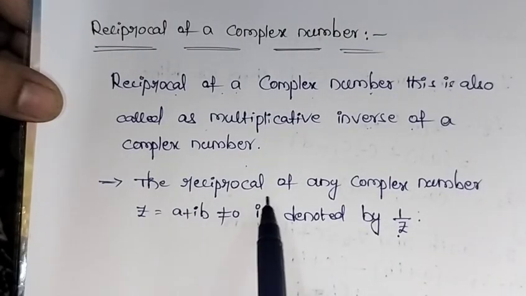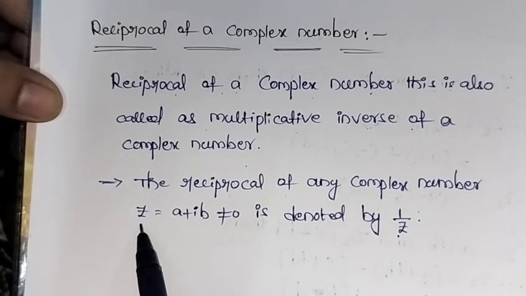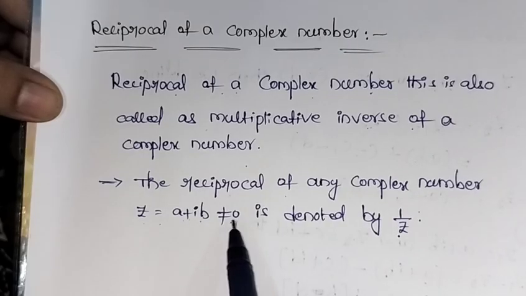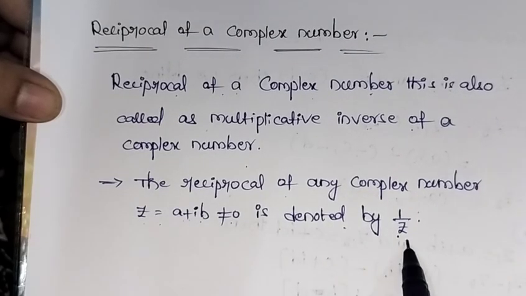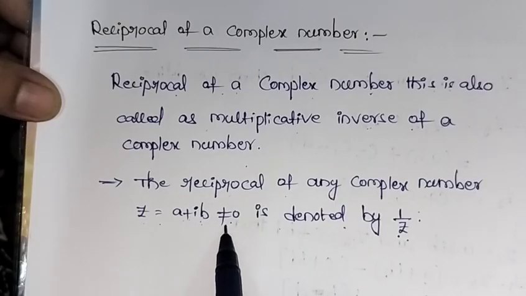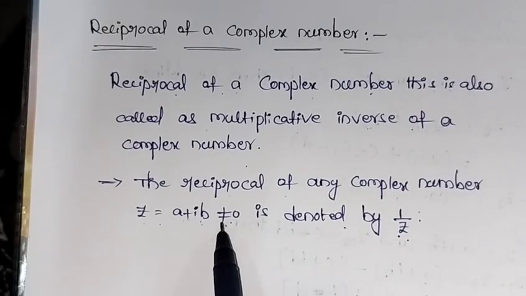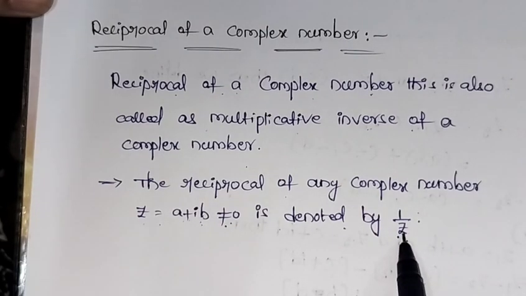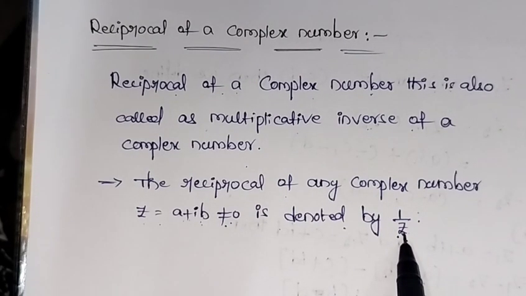The reciprocal of any complex number z = a + ib ≠ 0 is denoted by 1/z. Since we are finding the reciprocal, the denominator should not be 0. When it is 0, the expression becomes undefined.